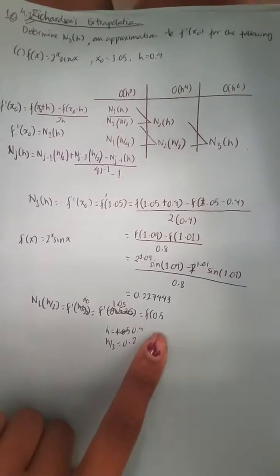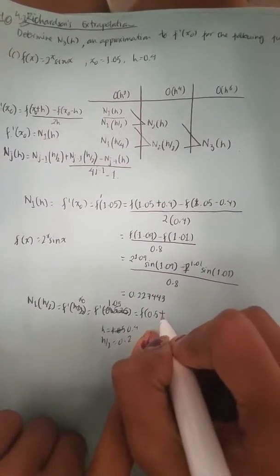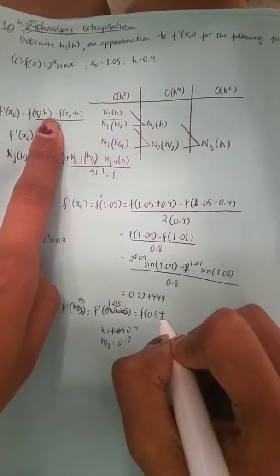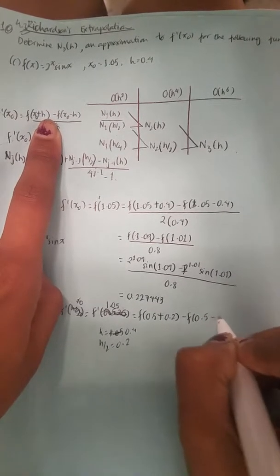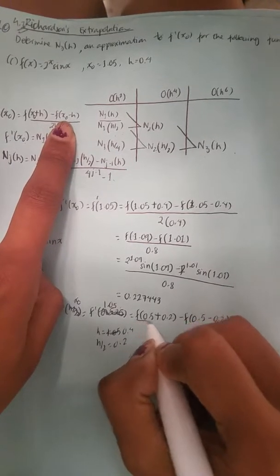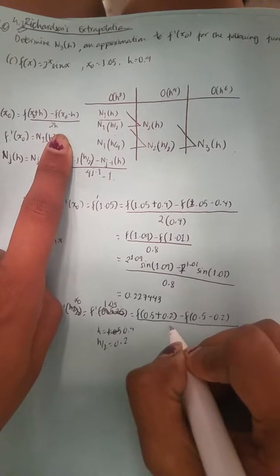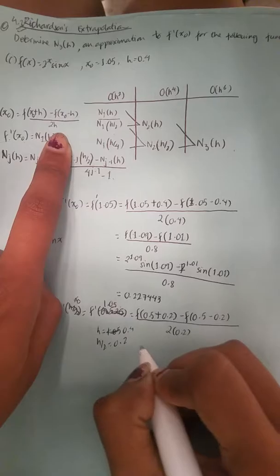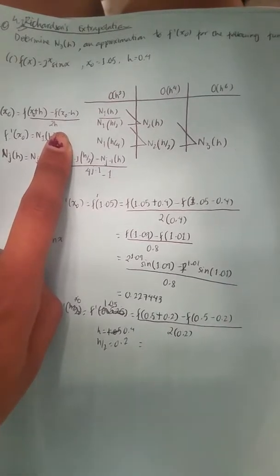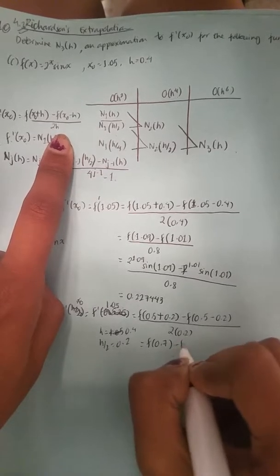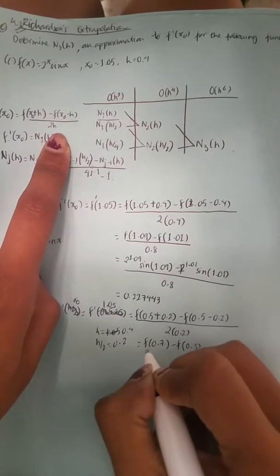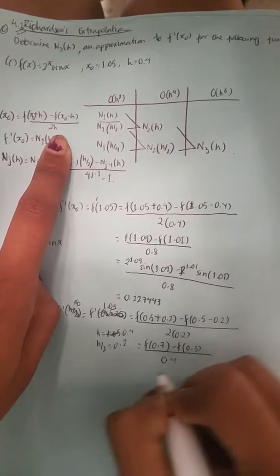So f of 1.05 plus 0.2 minus f of 1.05 minus 0.2, over 2 times 0.2, which will be 0.4. So when you do that, it is f of 1.25 minus f of 0.85 over 0.4.